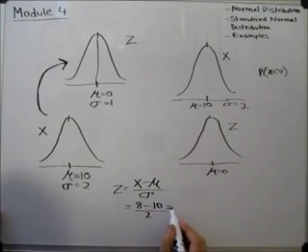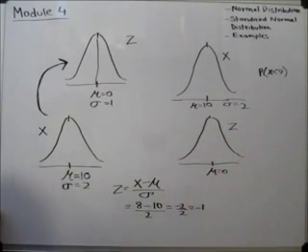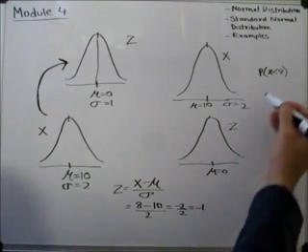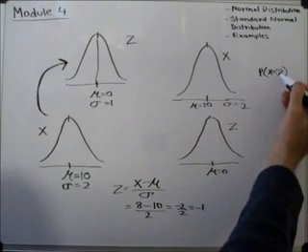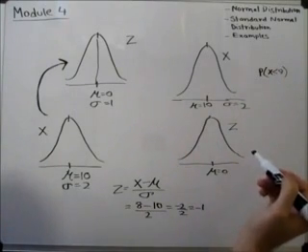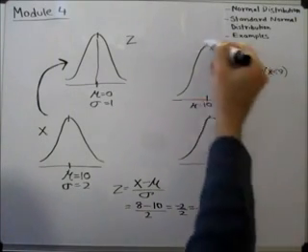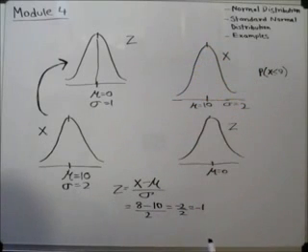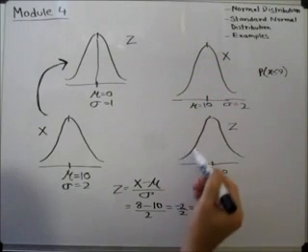So this is minus 2 over 2, and it's minus 1. In other words, the value of x less than 8 in the x normal distribution is represented by the value of minus 1 in the z normal distribution.